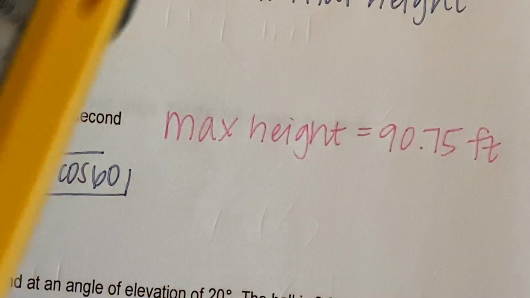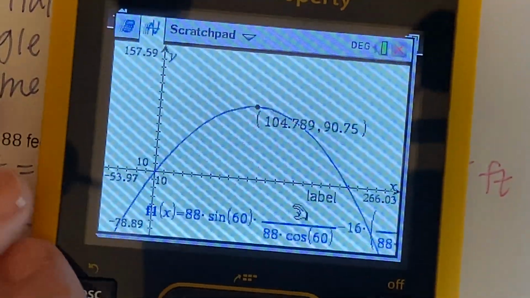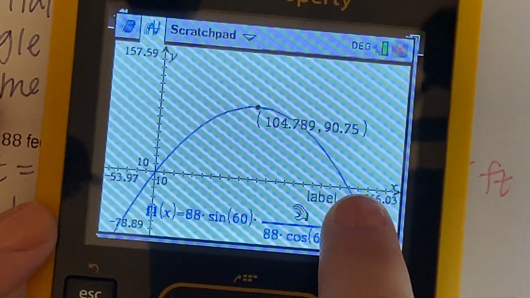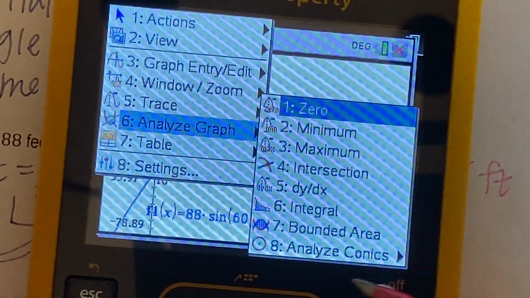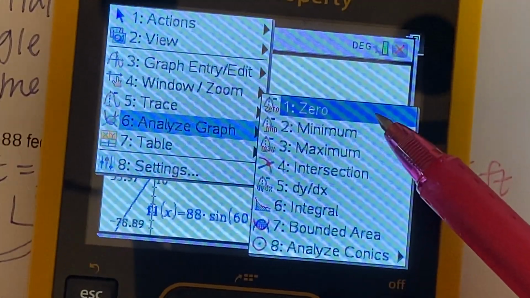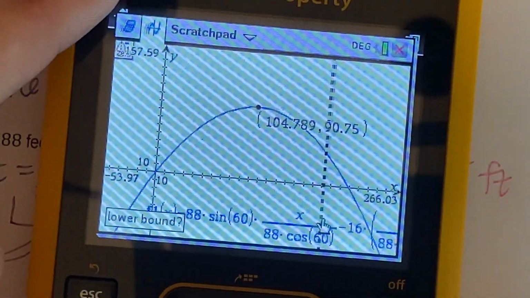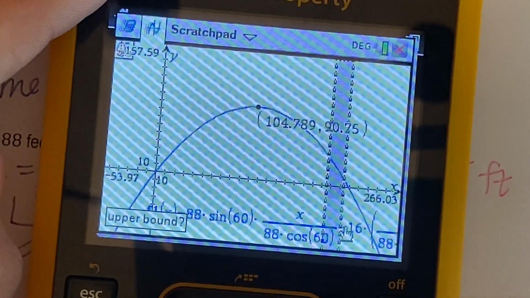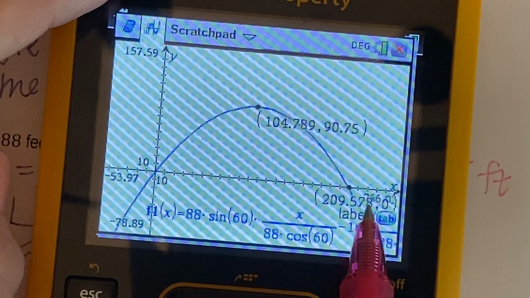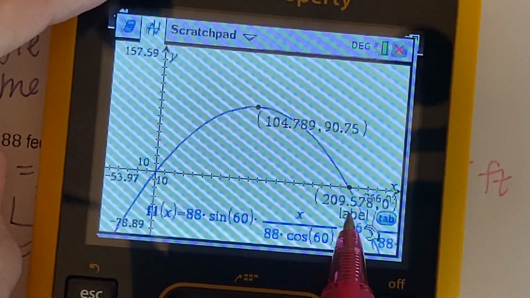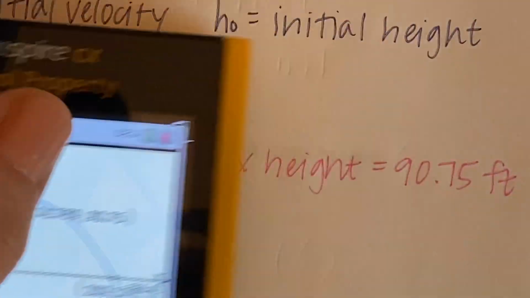The other piece is max distance. So say this was like a ball thrown, our max distance would be over here. So if I analyze my graph, that's an x-intercept over there, AKA a 0. So I'm gonna go here. Again, your distance is the x value. So that's this 209.58.